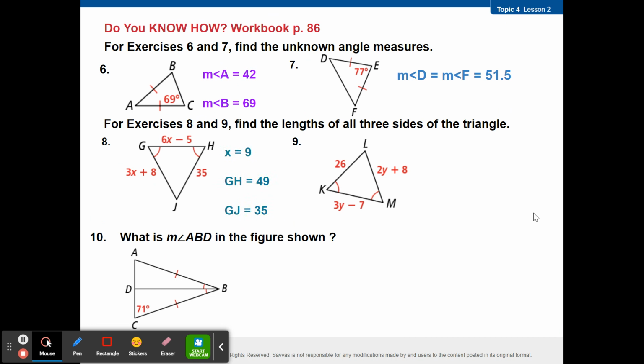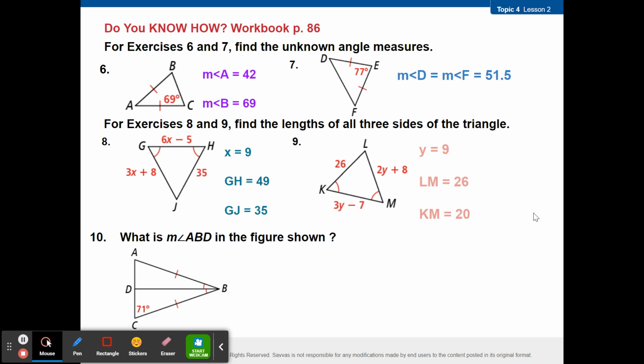Very good. So you should have gotten x is equal to 9. Then you have 49 for GH and 35 for GJ. How about 9? Gavin, go ahead. I got 20 and 26. Very good. LM 26, KM 20, y was 9.